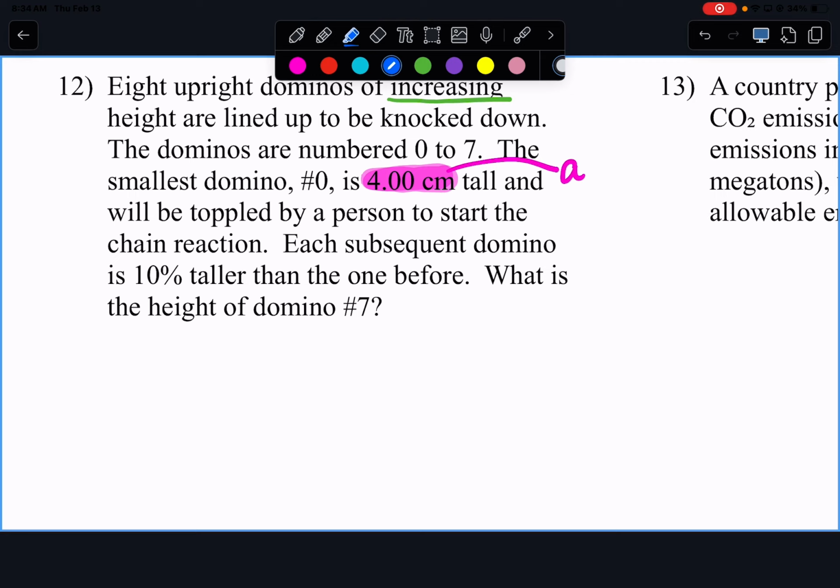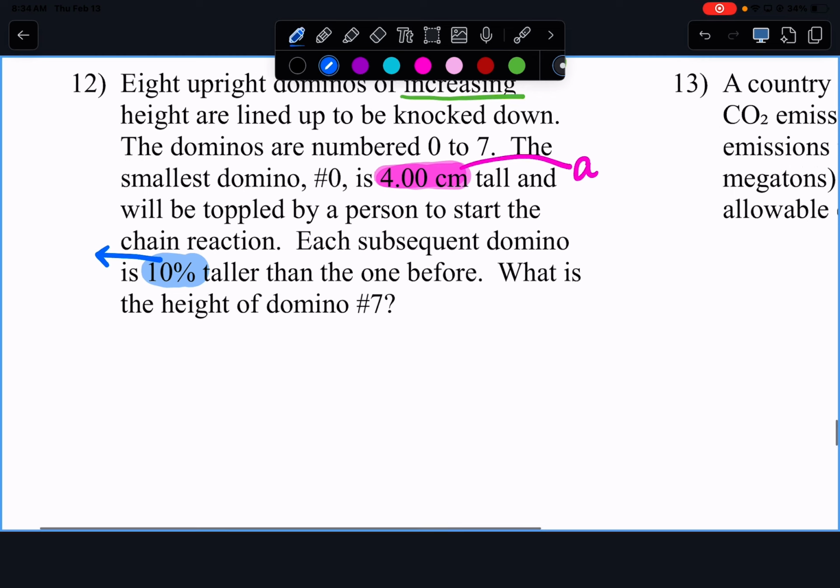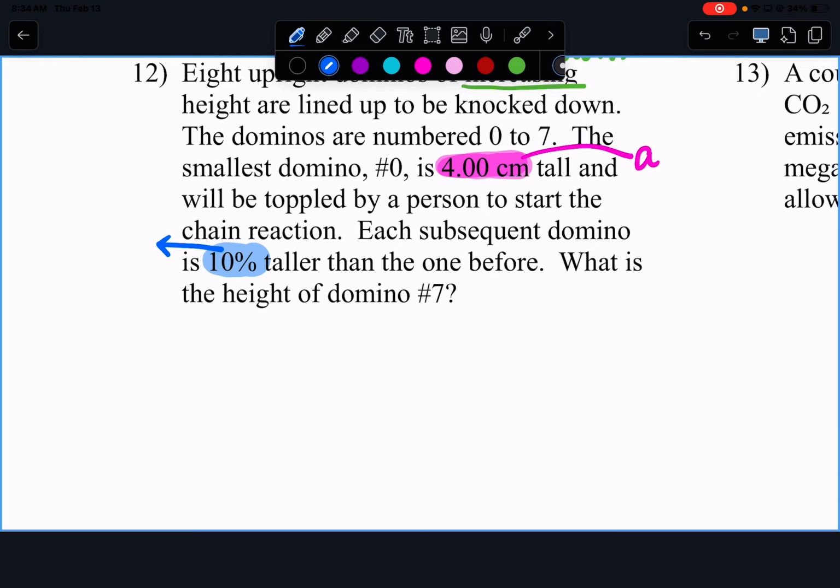So since it's giving me a percent, I know that percent is a rate. If it gives us a rate, a percent, I have to write that as a decimal. So R would equal 0.10.